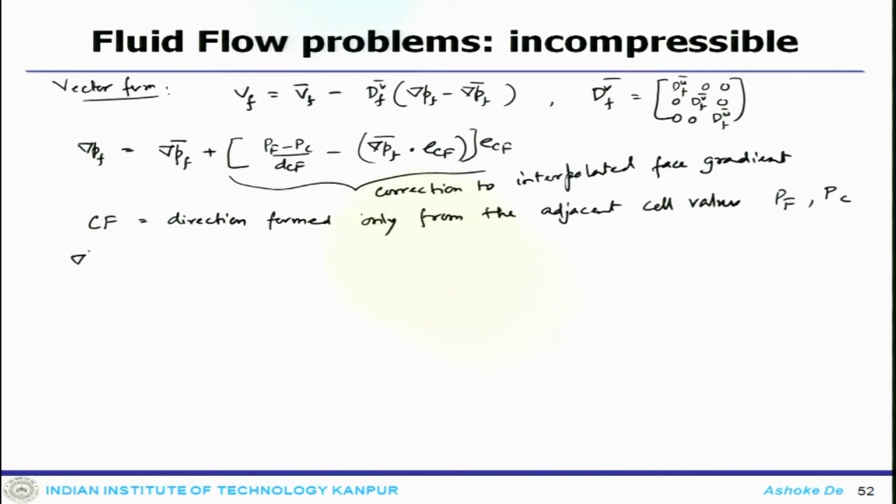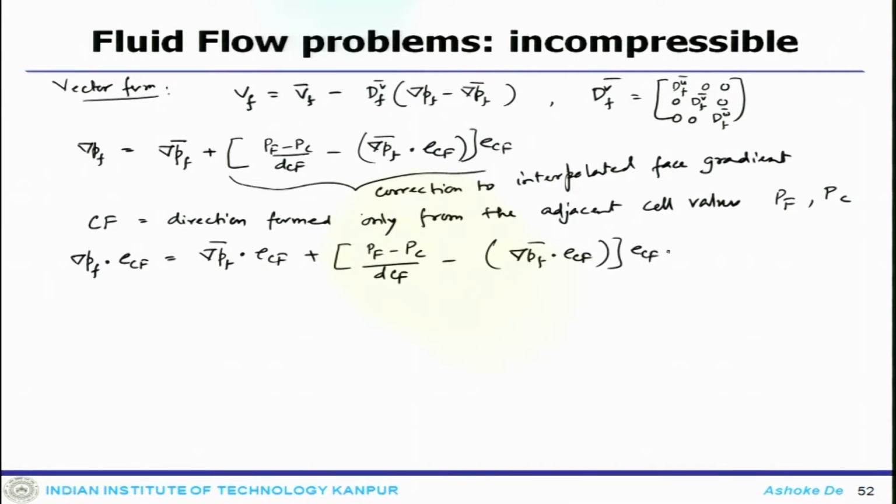So, we calculate delta P_f dot E_CF, which is delta P_f bar dot E_CF plus (P_F minus P_C by d_CF) minus delta P_f bar dot E_CF dot E_CF, which will get you back P_F minus P_C by d_CF, where the face velocity is closely linked to the pressure of the adjacent cells.